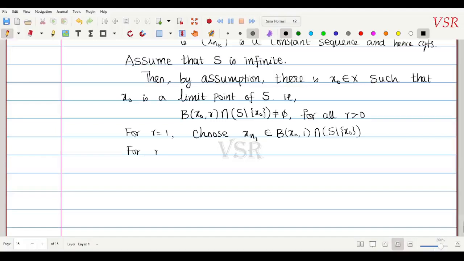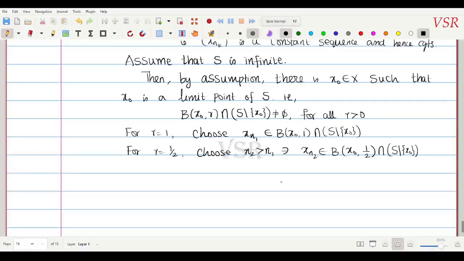Now for r equal to 1/2, choose n2 greater than n1, such that xn2 belongs to the ball with center x0 and radius 1/2 intersected with S minus x0.